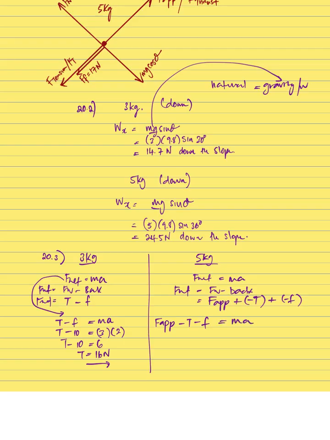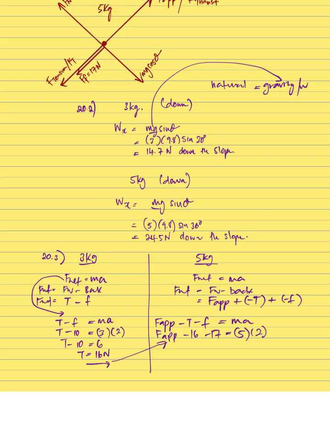So the force applied, I don't know. So F applied, I don't know, minus the tension, which is minus 16, which we got from the previous question, minus the friction, which for this one was, I think, 17. Minus 17 is equal to the mass, which is 5, times 2.